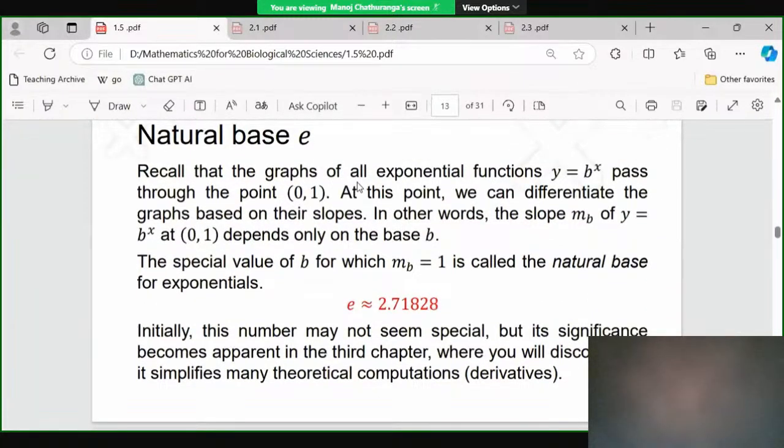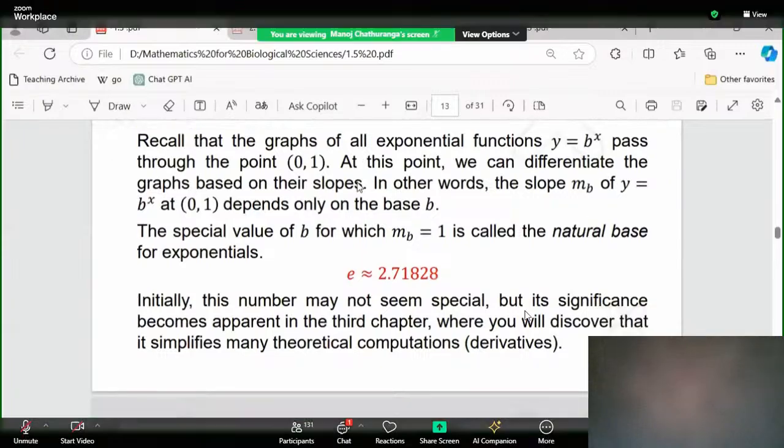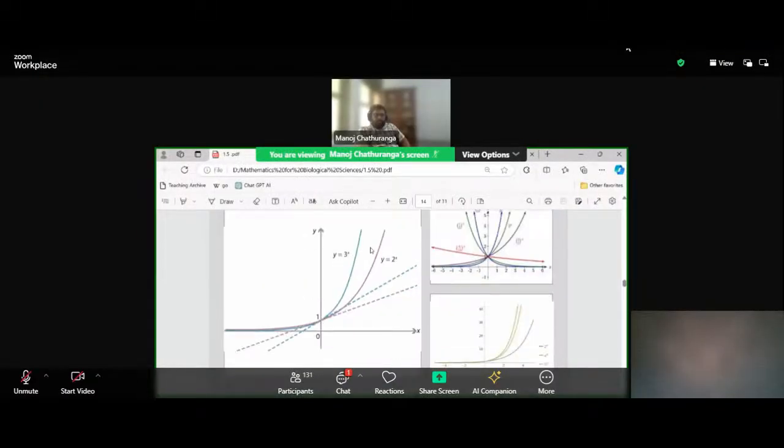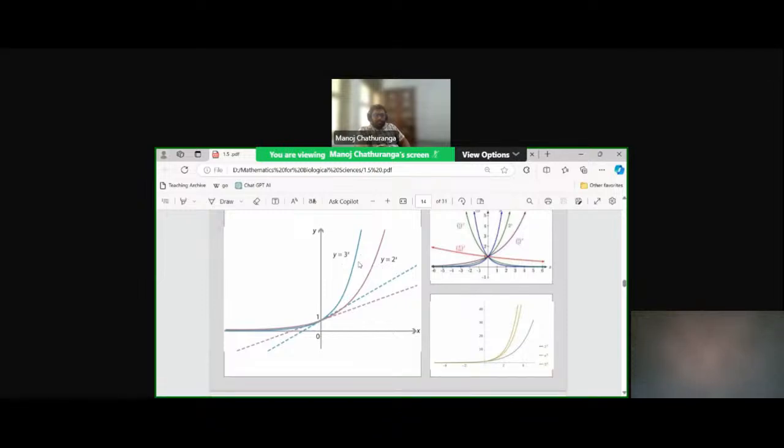So look at the graph of these two functions, 2 to the power x and 3 to the power x. Since 3 is bigger than 2, the graph of 3 to the power x lies above the graph of 2 to the power x in the first quadrant.